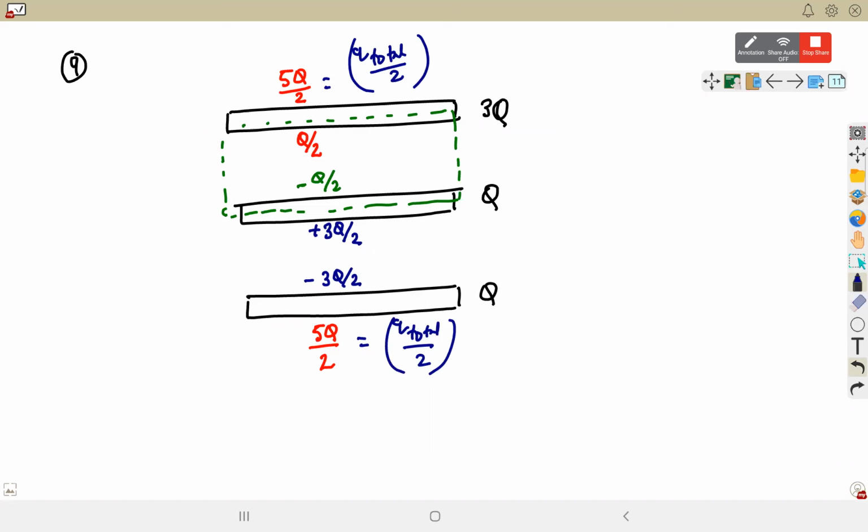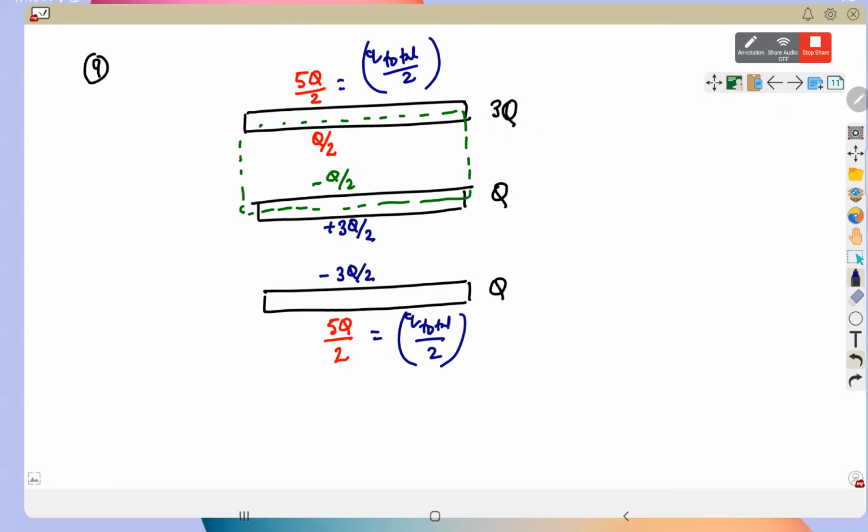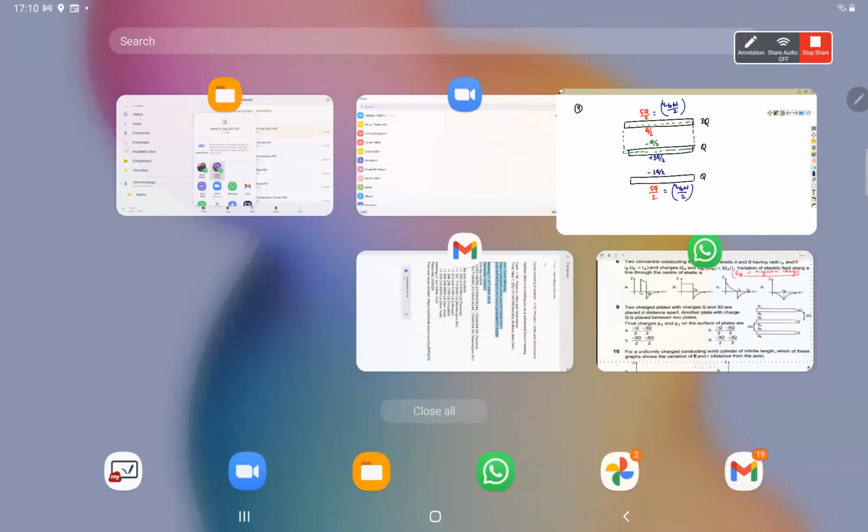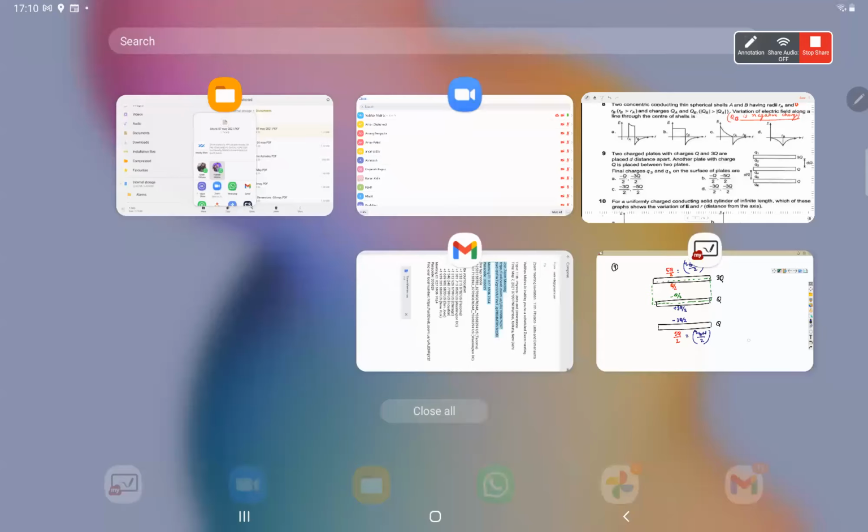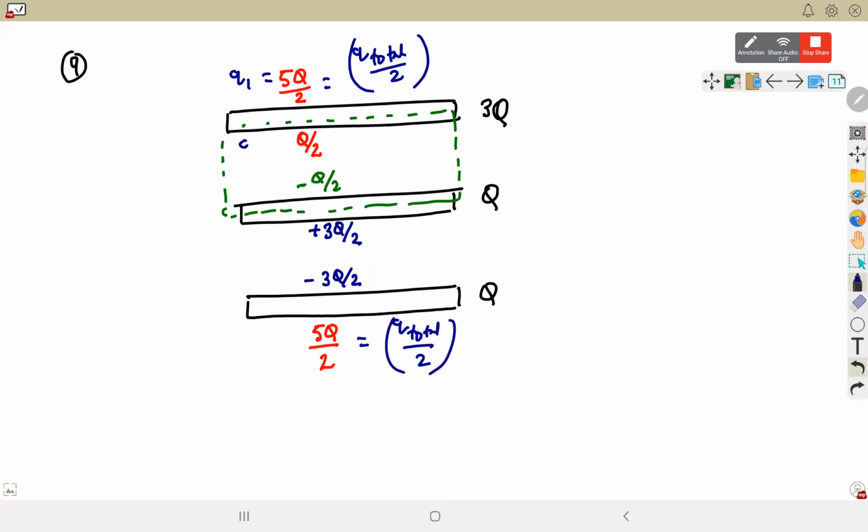We had to tell Q3 and Q5, from Q1, Q2, Q3, Q4, Q5, Q6. So we got the value of all these Q1, Q2, Q3, Q4, Q5, and Q6. By using that parallel plate theory concept, we did two such examples.